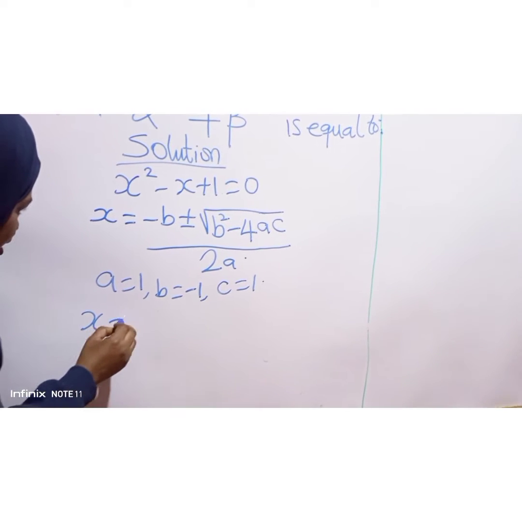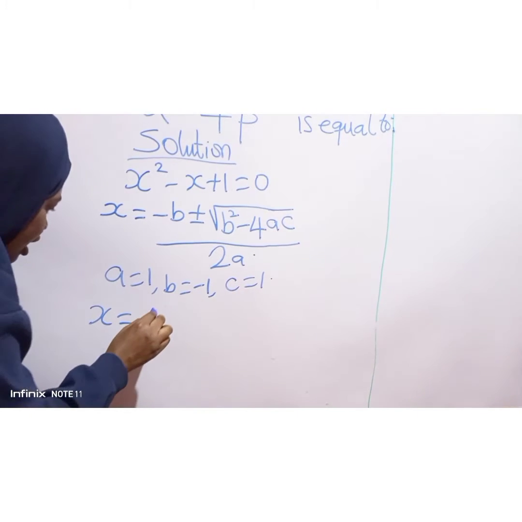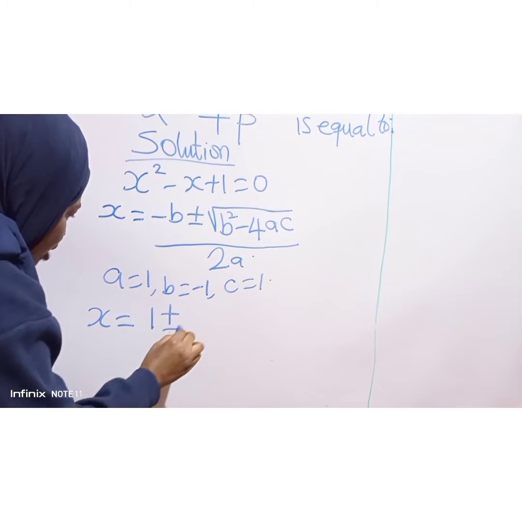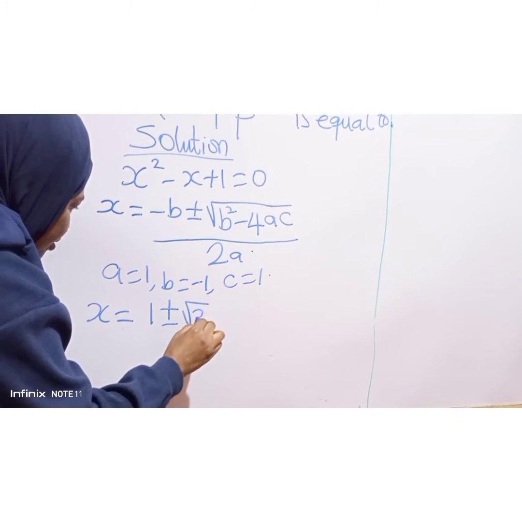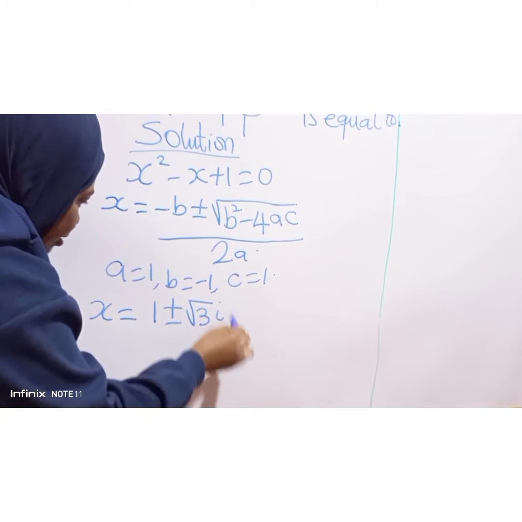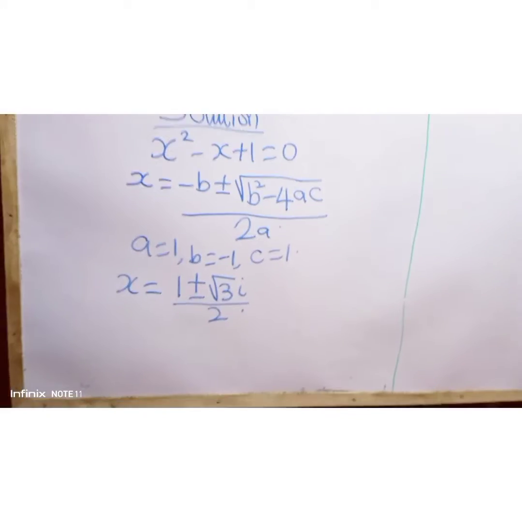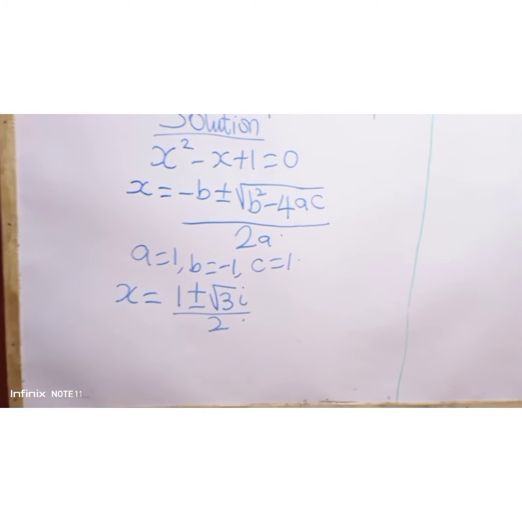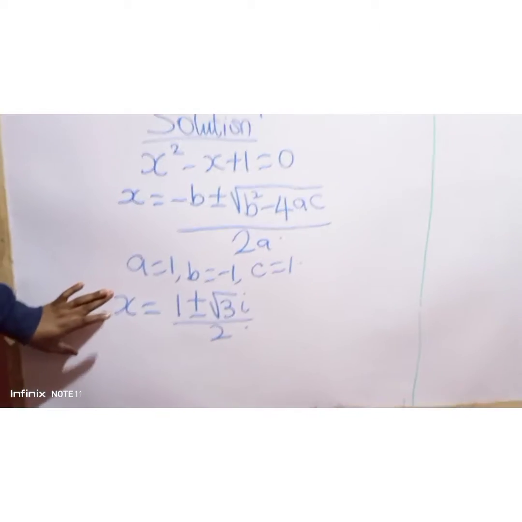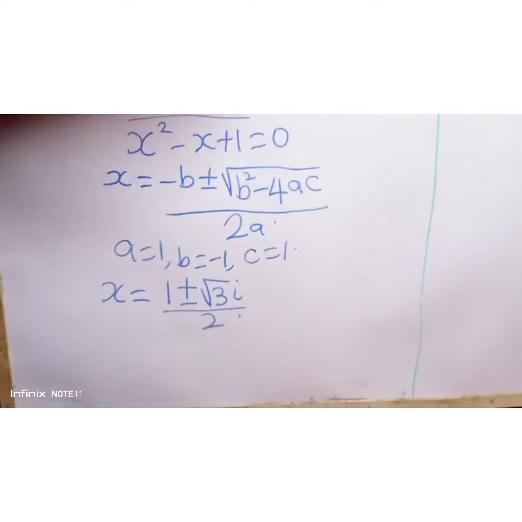x is equal to, if you substitute, you are going to get 1 plus or minus square root of 3 i, then divided by 2. So if you look at this very well, you see that it looks like the root of the cube root of unity.